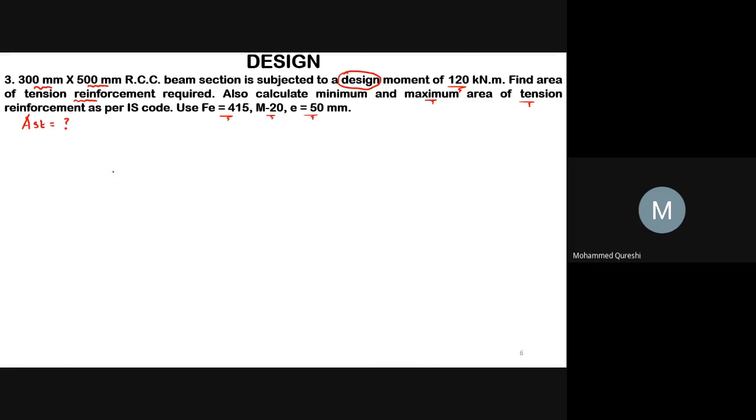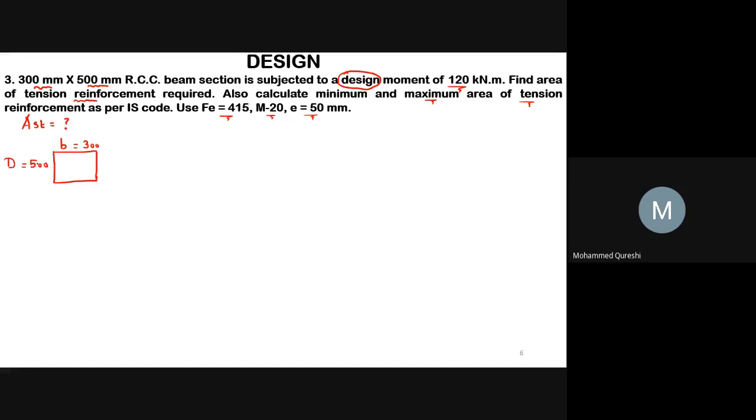So here the size of the beam is given as B equals to 300 mm and capital D equals to 500 mm.